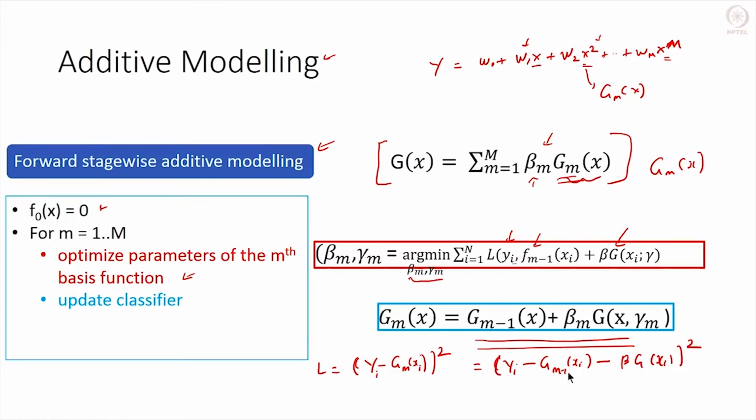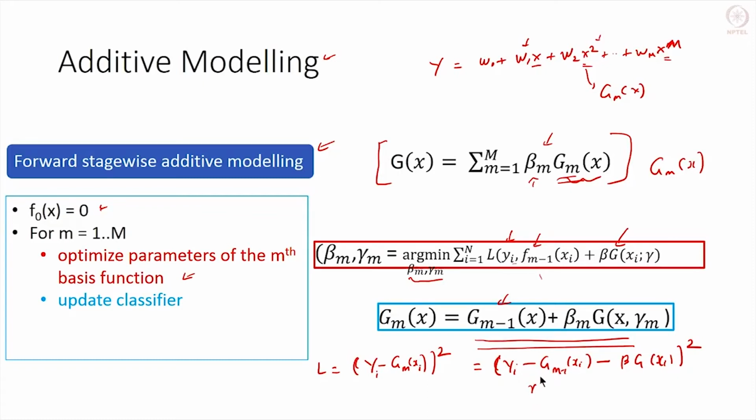So, we have developed a classifier till the m minus 1th iteration, and I have just substituted this expression here. Instead of g_m of x, we have just used g_{m-1} of x plus beta_m g of x. So, this is the cost function that we are optimizing if we use a least squares cost function. Now, we can easily see that this is nothing but the residual from the previous iteration.